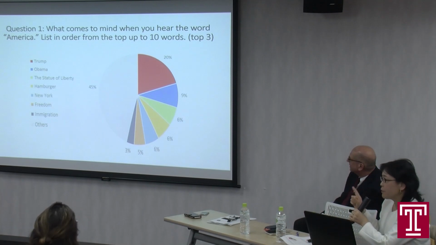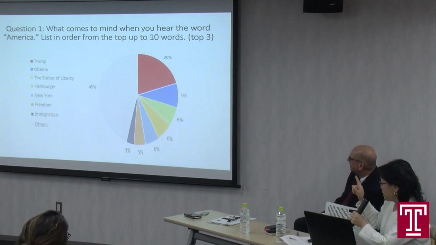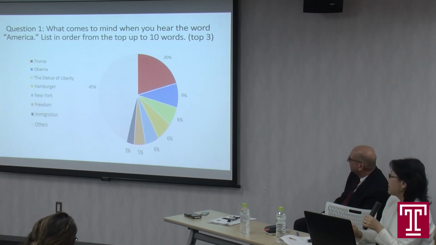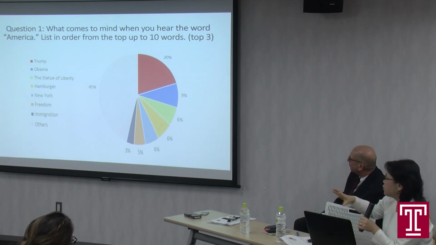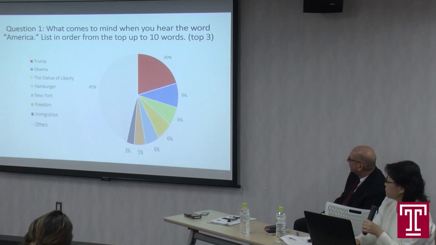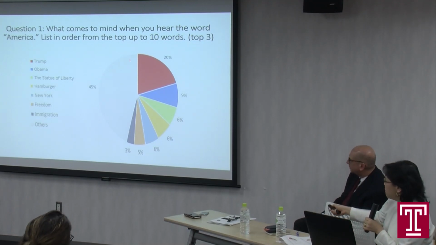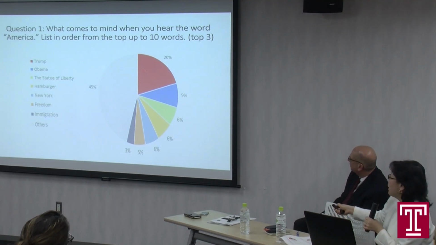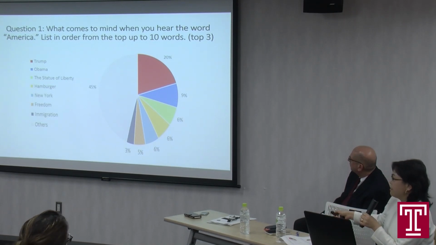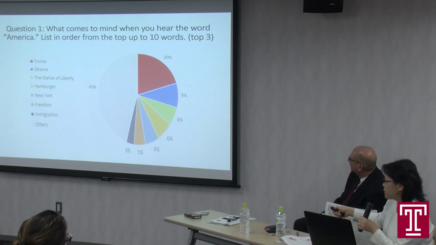The concept or idea of freedom was 5%, and 3% wrote entries such as issues of immigration. You notice that although these actual people, Mr. Trump and Mr. Obama, strongly symbolize America, 40 to 45% of the students gave other entries, a variety of entries.